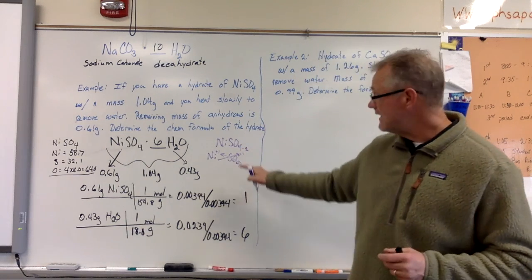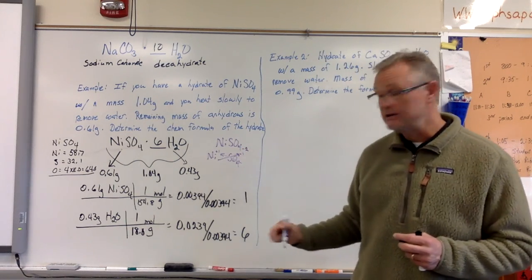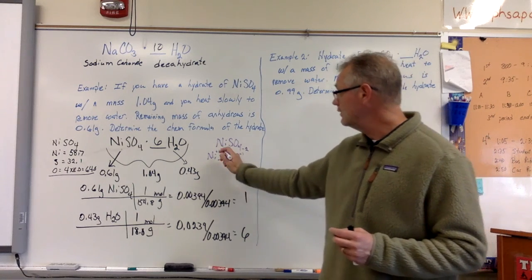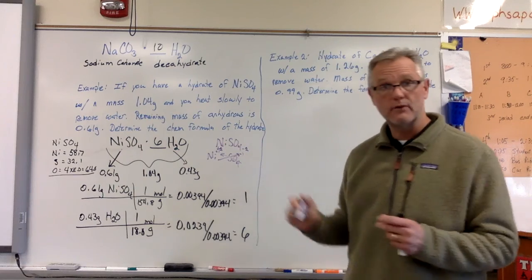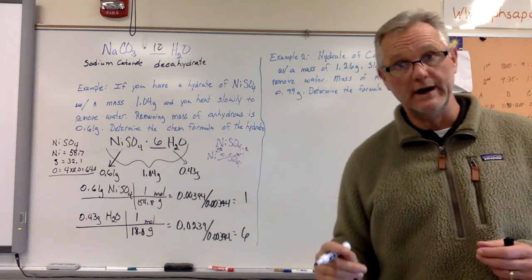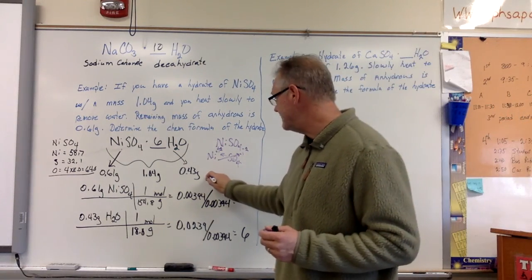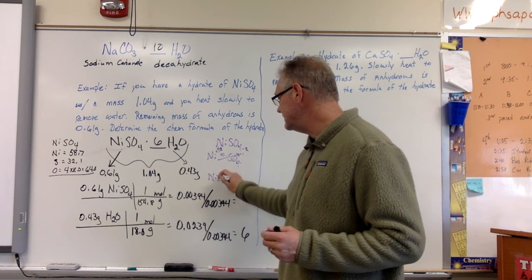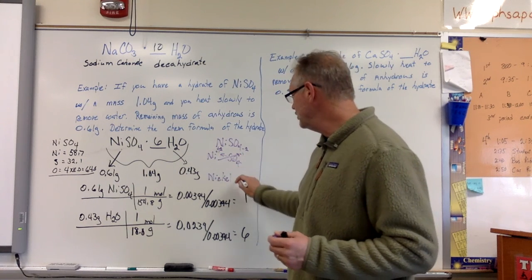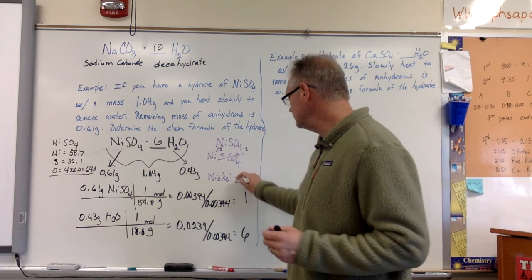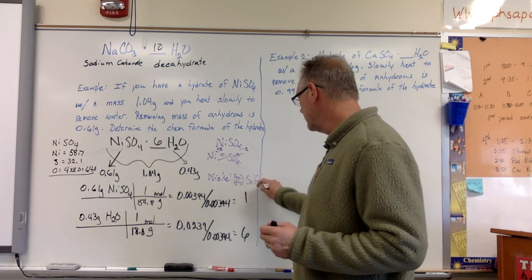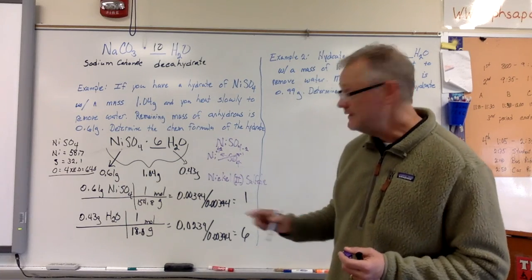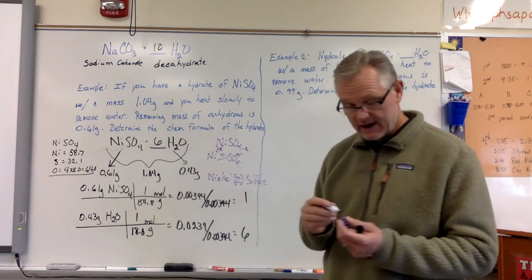So the only way that could have been a 1-to-1 ratio is if the nickel side was a +2, and therefore they can reduce down to that 1-to-1. So this is nickel, Roman numeral 2, sulfate. So that's the name of the actual ionic compound.